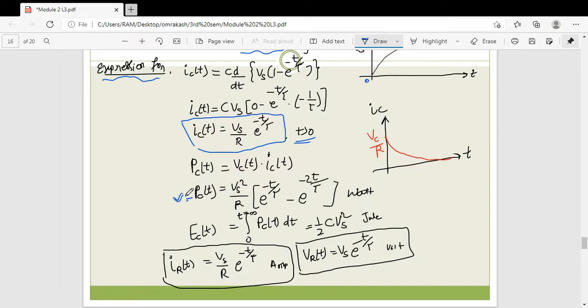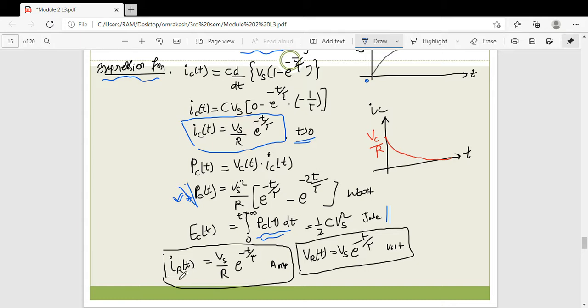And the integration of power, meaning the area, gives energy, since energy is power into time. So the area covered in that duration gives you the total energy consumption. The energy for the capacitor is half CV squared, right?